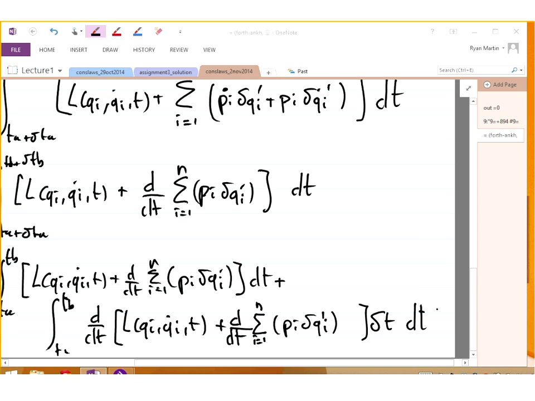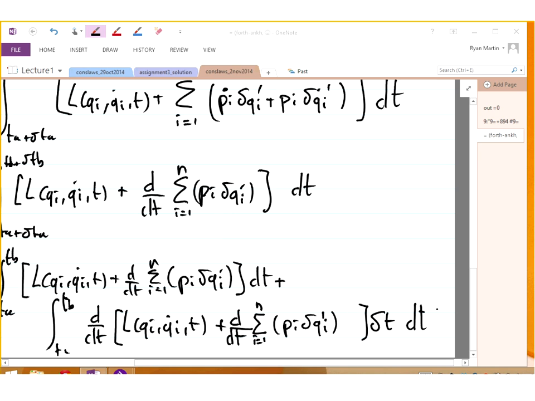Now, this term here, the second term, the second integral I have, a d/dt of L, integral dt. Then I have d/dt of the sum of p_i delta q_i times delta t. So the first term has an L delta t, so it's first order in deltas, whereas the second term, the one with the sum, is second order.